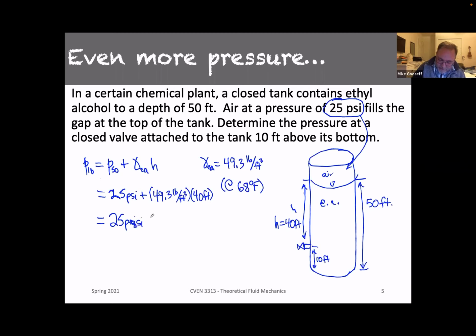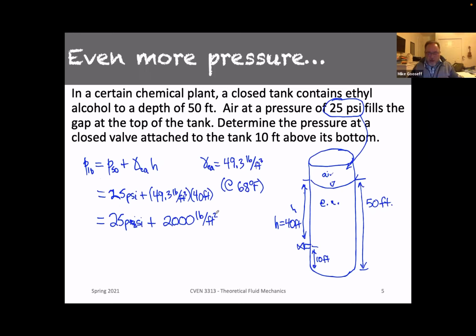Plus, when I multiply this out on the right-hand side, I end up with, let's see, this would come out to 1972 pounds per square foot, but I've only got one significant figure here for the 40, so I'm going to end up with 2,000 pounds per foot squared.